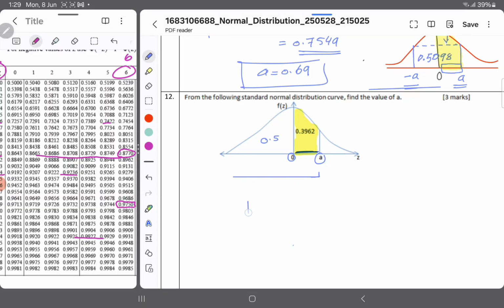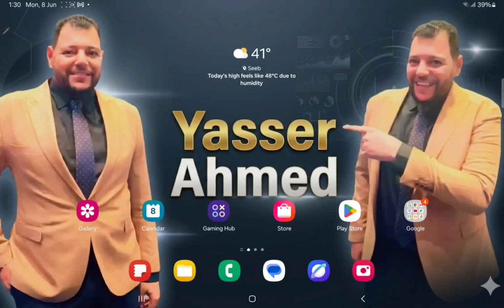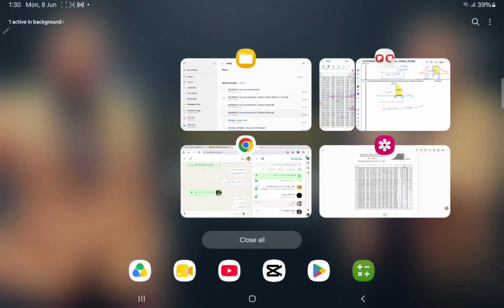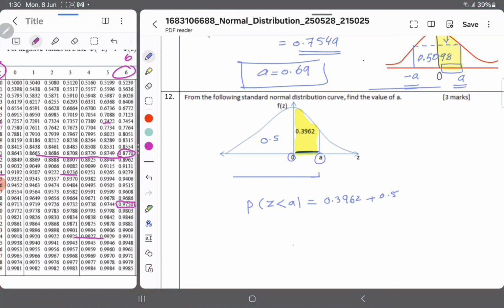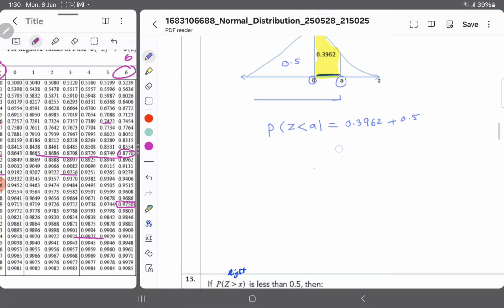So from that shape, the probability of Z less than a equals the area between 0 and a, which is 0.3962, plus 0.5, so it's equal to 0.8962. Now a is positive, and you know the total area below that value will be 0.8962.